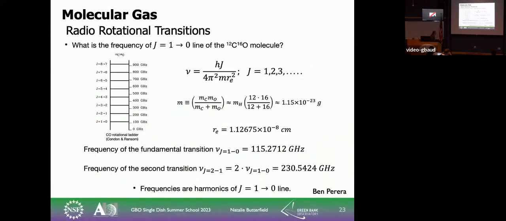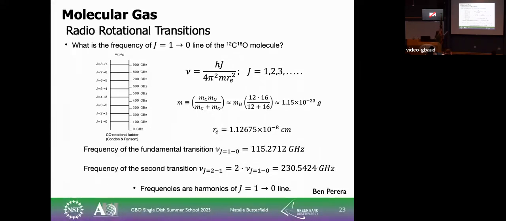Okay, so now I wanted to briefly discuss the different types of frequencies that you can get for your lines and how to calculate them, similar to what we looked at when we looked at the radio recombination lines. The example that's given here is for the 1 to 0 CO transition. We have our equation here to find the rest frequency of those lines.